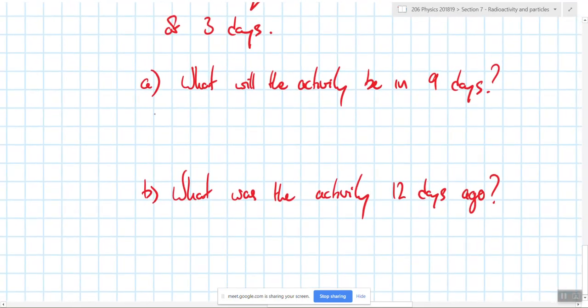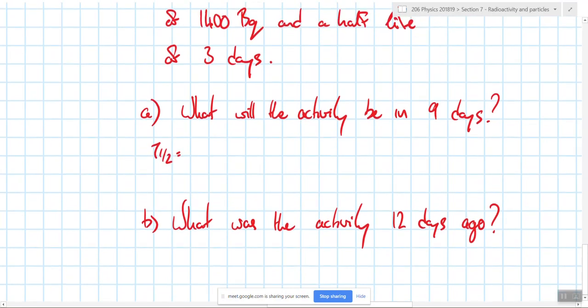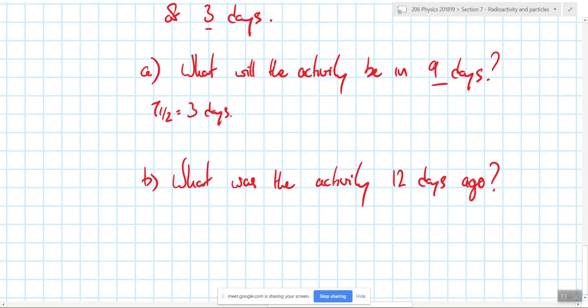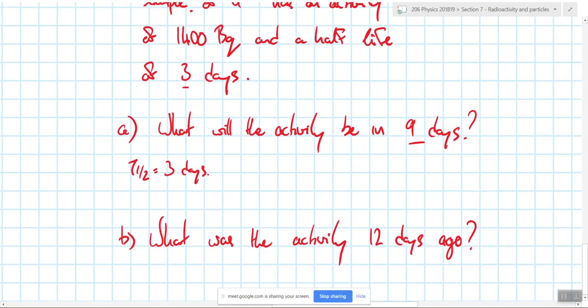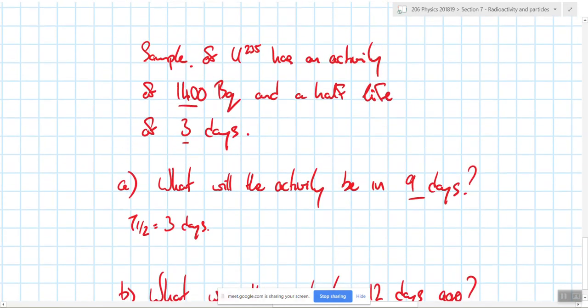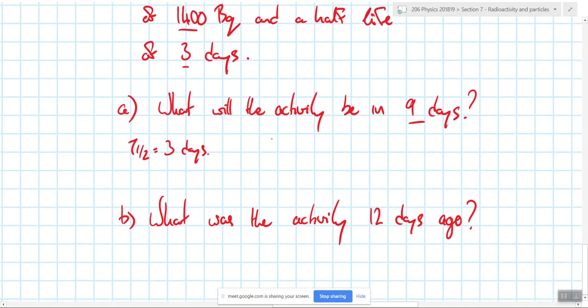So we know that the half-life is 3 days. So in our 9 days, we're going to have 3 half-lives. Because we're going forwards in time, we're going to be decreasing. So we have a starting activity of 1400.